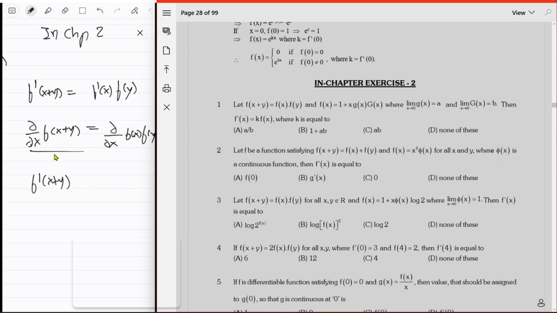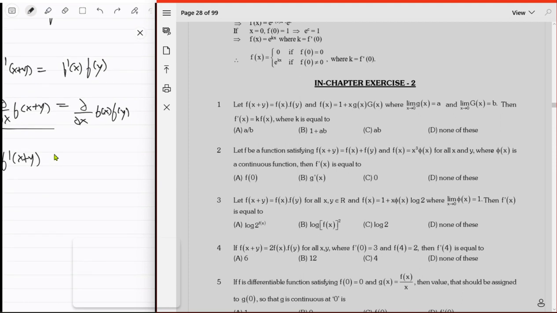This thing though, you're only changing x, you're not changing y, so take y as a constant. This is defined in this way: f of x plus h times f of y minus f of x times f of y, upon h. That's what this means.